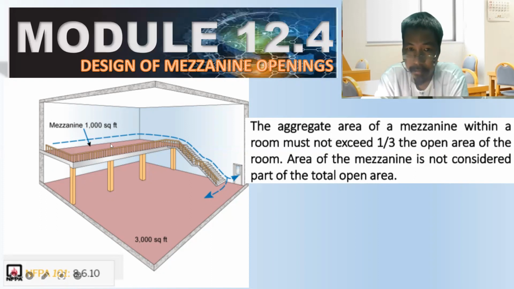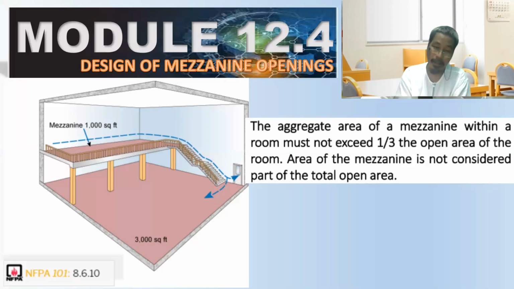More than that, it is now considered as an independent floor. The area of the mezzanine is not considered part of the total open area if it is only about 1/3, and we just ignore its occupancy load.